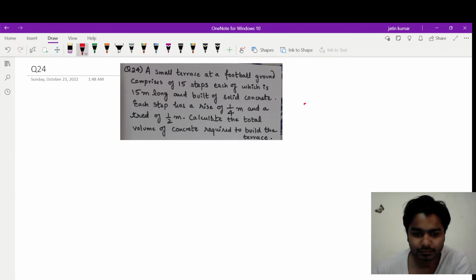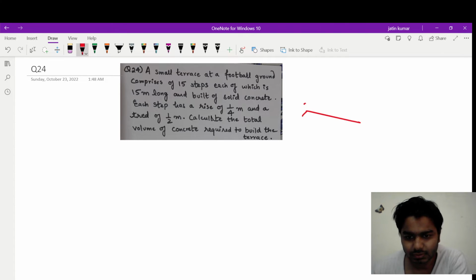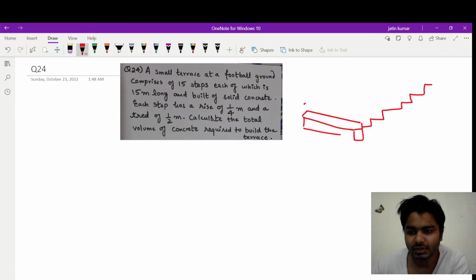Okay, now this is a football stadium, right? If I draw it correctly, so this is a football stadium comprising 15 steps, right?